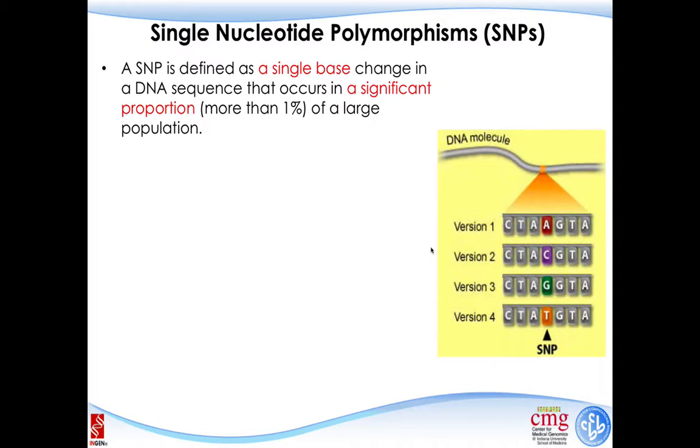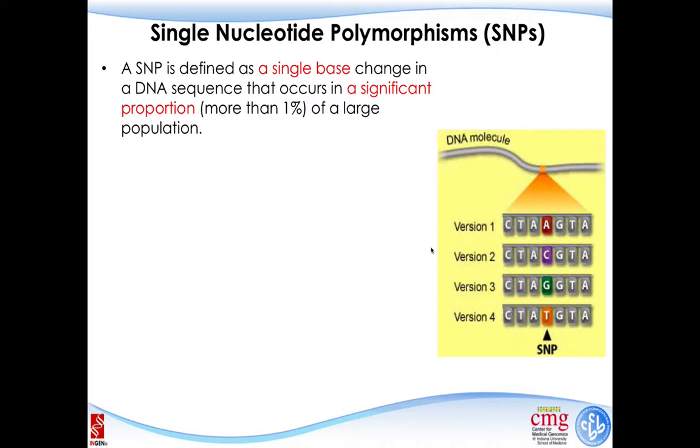So we'll come back to the SNP a little bit. The single nucleotide polymorphism is defined as a single base change in the DNA sequence that occurs in a significant proportion of a large population.